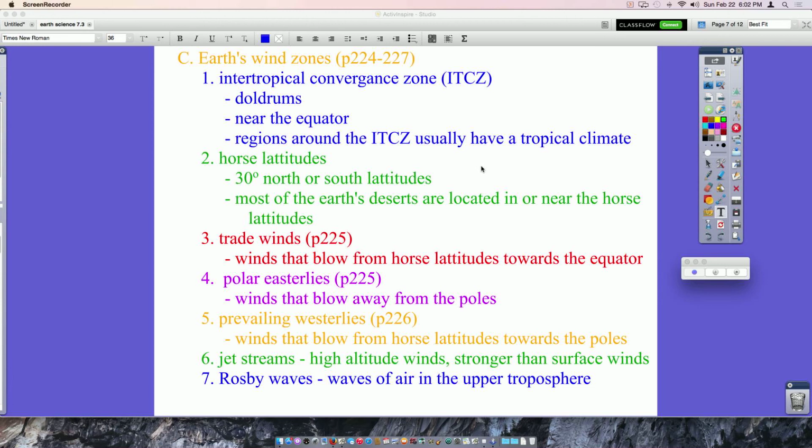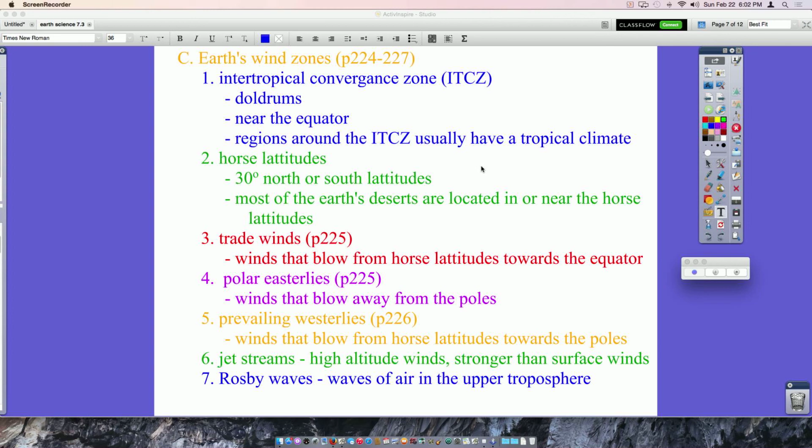full advantage of that. And then we have an interesting effect here called Rossby waves. These are not winds, as we've been talking about them, but a movement of air in the upper area of the troposphere. In temperate regions, the upper winds follow a wavy path, slowly moving first towards the poles, then away, then back towards the poles, then away. The number of waves in a single circuit around the Earth varies from 3 to 6.